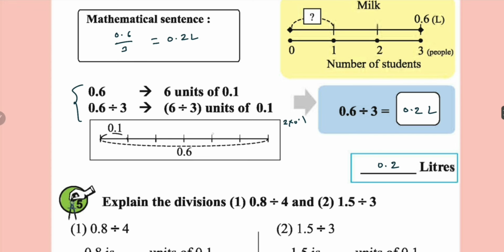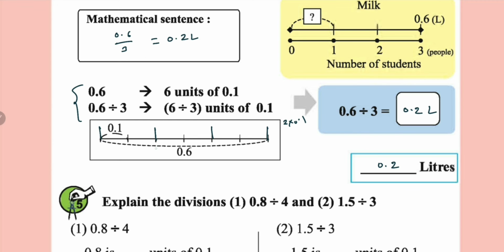0.1, 0.2, 0.3, 0.4, 0.5, 0.6. So 1, 2, 3.